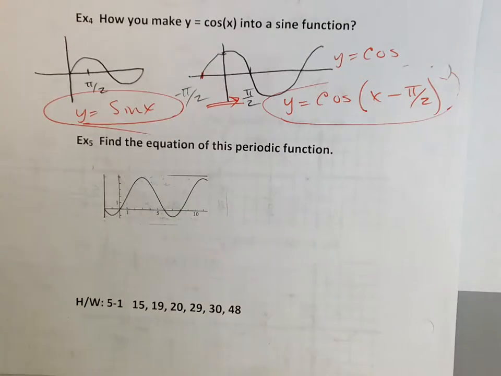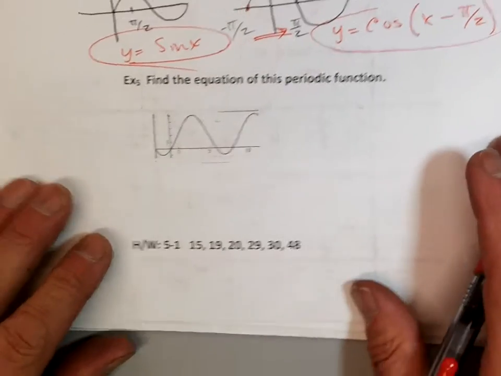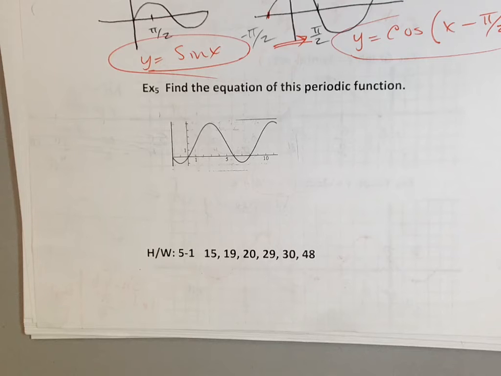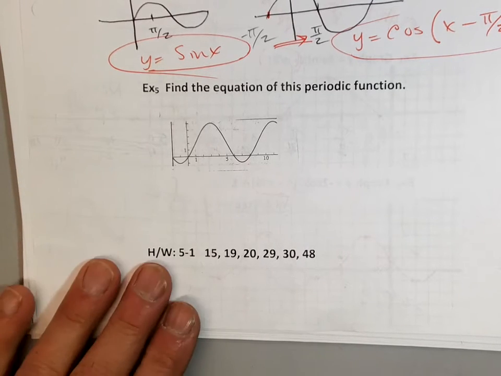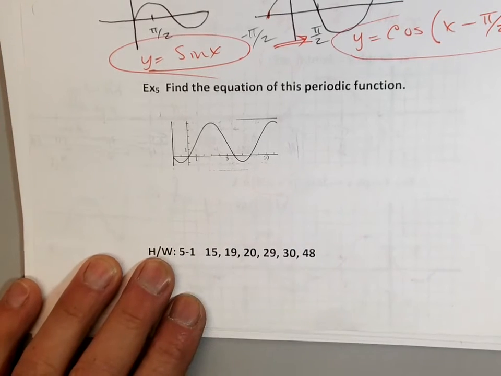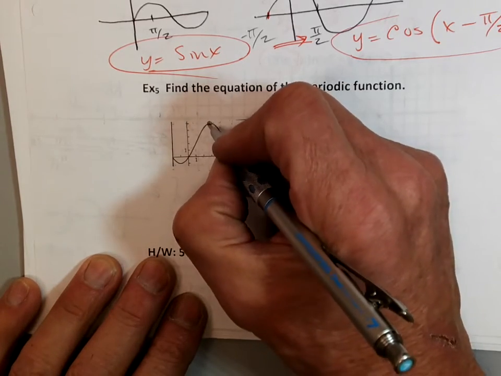So, last but not least, here it is. Now for us, we can do a cosine. Let me ask you an easy question. We want to make the equation. The easiest curve to make is a cosine, because I can find the top.